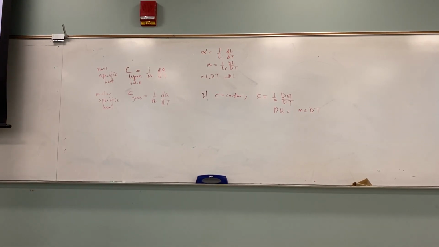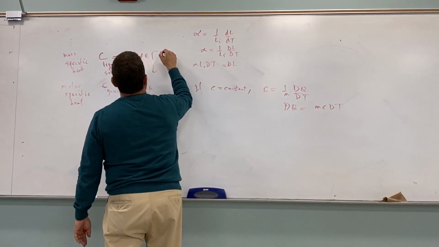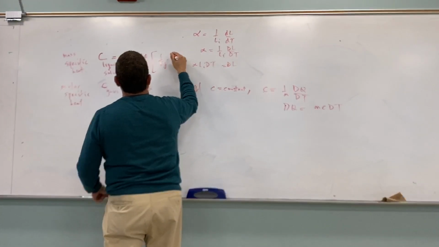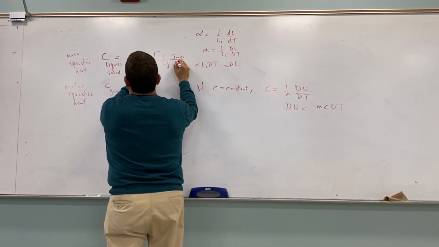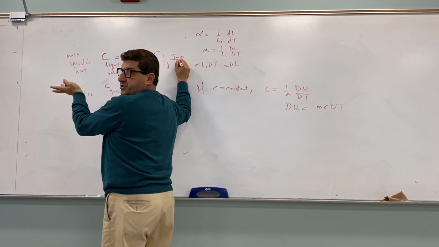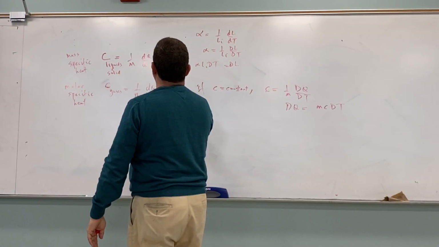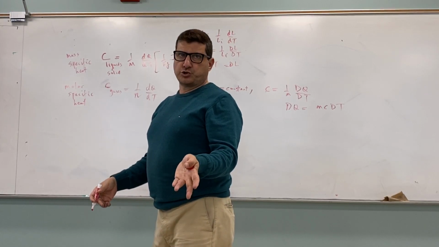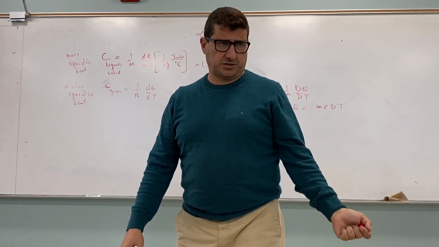So the units of specific heat would be what then? Well, in this case, it'll be 1 over kilogram times joules over delta T. We could do Celsius or Kelvin, joules over Celsius. Or you could even do 1 over grams times joules over Celsius, or 1 over grams times calories over Celsius, right?